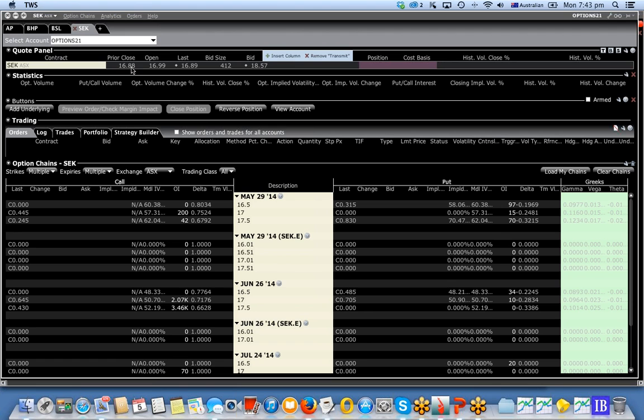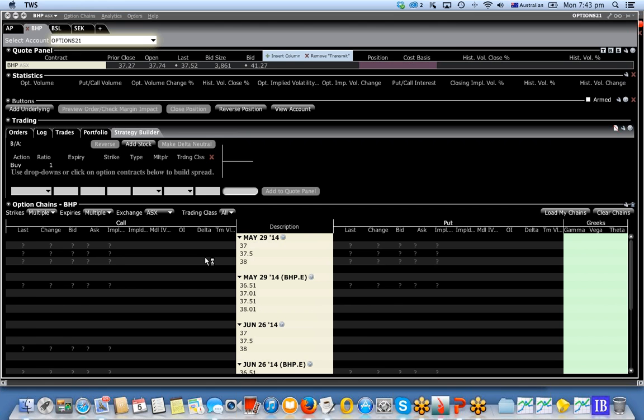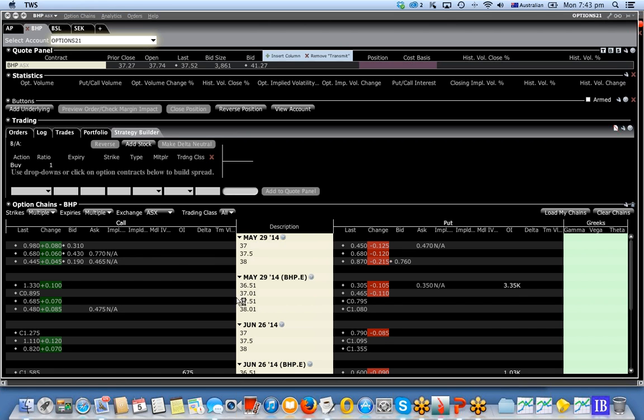So you can see 16.88, that's at the money, of course, and if we try to plot the graph for this, unfortunately, we cannot do it because there's not enough data. We can do, for instance, BHP, but again, it's off the market at the moment, and I'm not sure if we can do this.